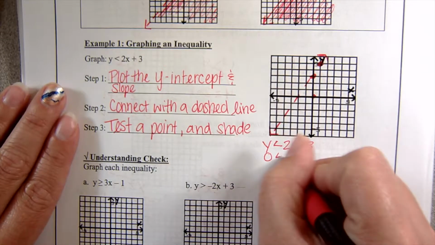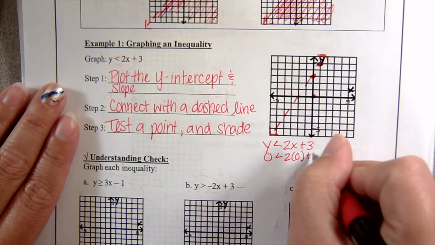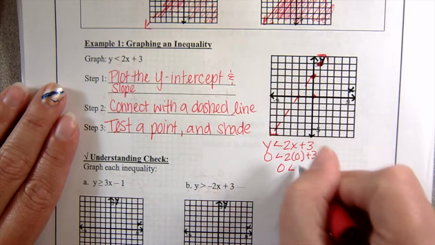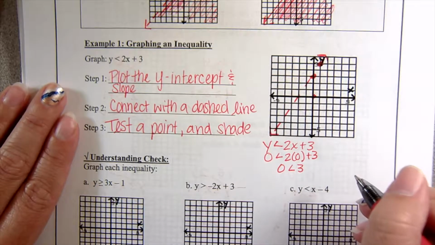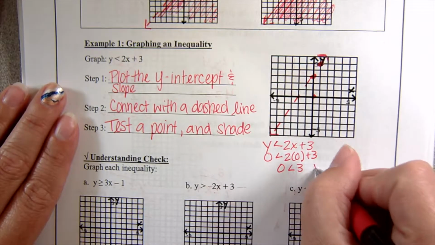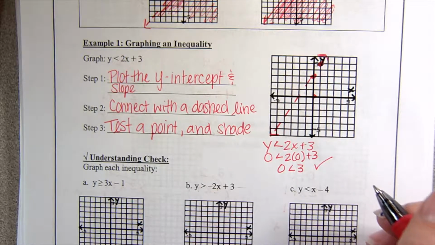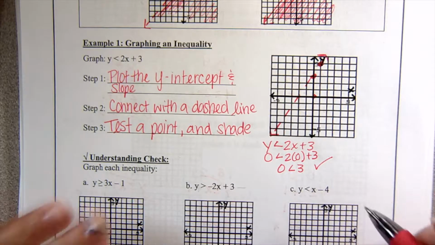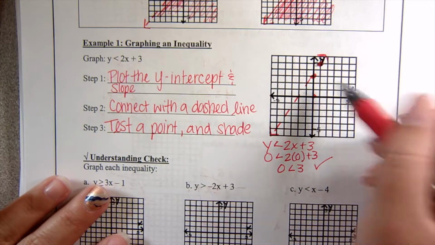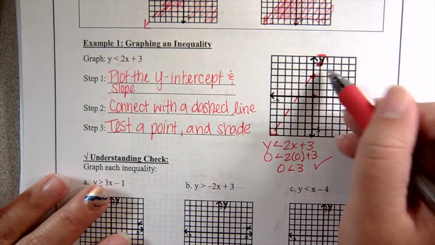So 0 is less than 2 times 0 plus 3. So 0 is less than 3. Is that true? Yeah. But wait. Can't you just look at the greater than or less than? But that's not always going to work out that way. So you need a backup plan. All right. So since it is true, I shade the side that has 0, 0 on it.